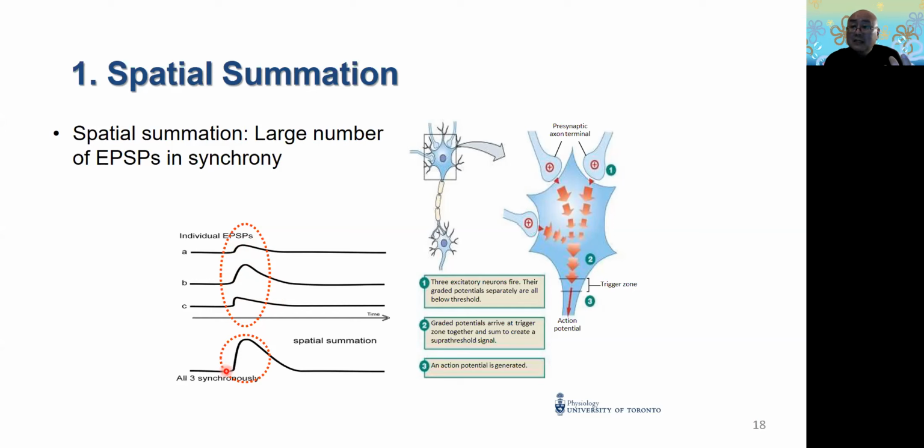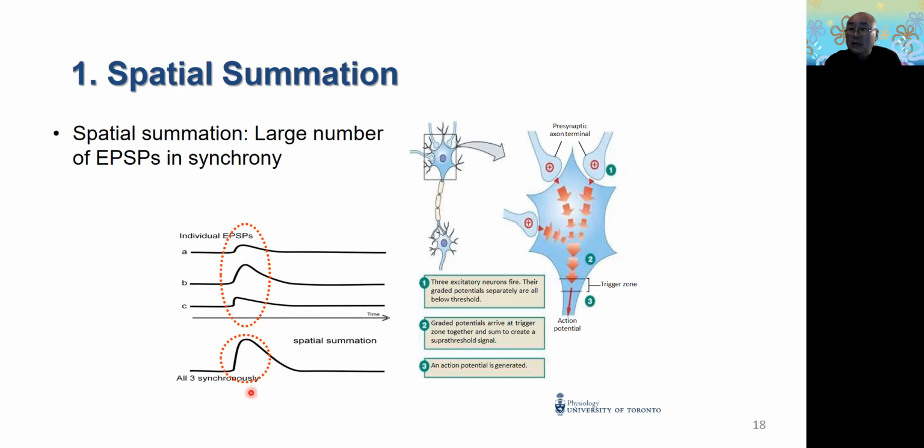And if they are in synchrony, they're all coming in at the same time, then we will be able to sum these net depolarizations into this larger depolarization. The cell sees the depolarization all at the same time, and so it looks like it's getting this massive depolarization.